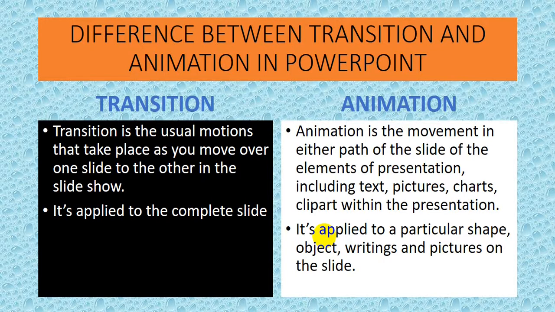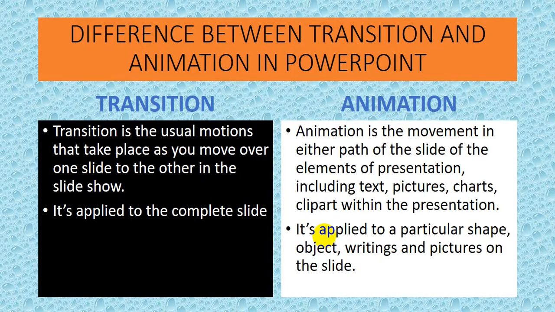So animation talks about the contents that have been affected on a particular slide, and transition is talking about the whole slide being affected. Alright, so let's jump right in so that we see how it is practiced.